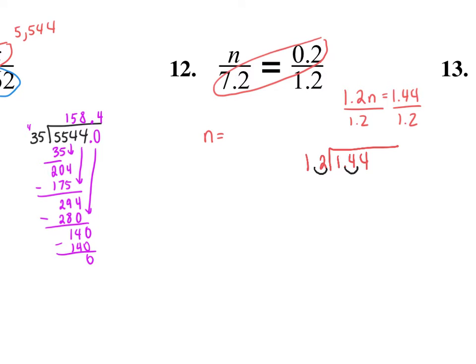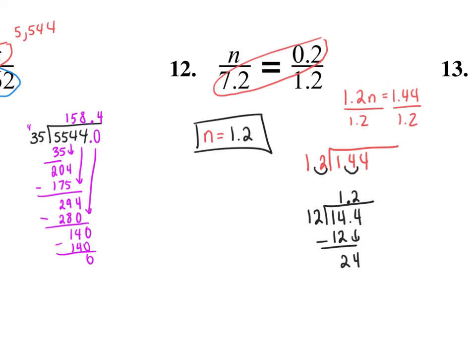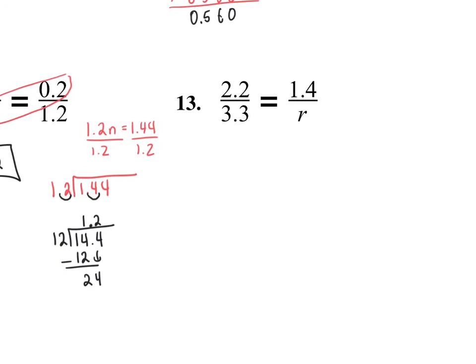So we're really dividing 12 into 14.4. So check that you did that there. You should have gotten that n equals 1.2. Nice job. These are tricky.